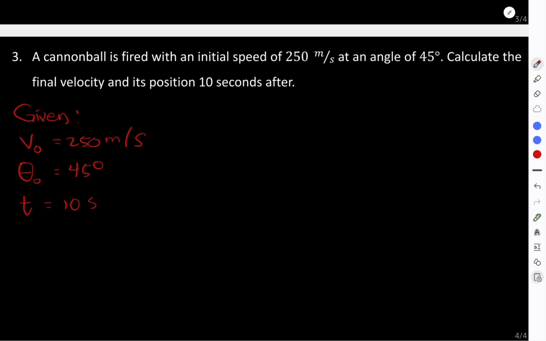You can just simply use the final velocity in the x component, right? Since we don't have our answer for that yet, we just simply write it down as initial velocity times cosine theta.